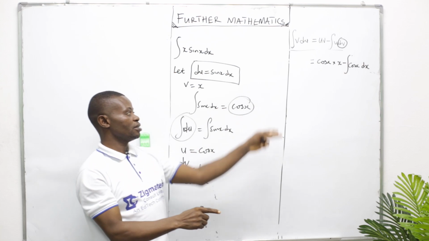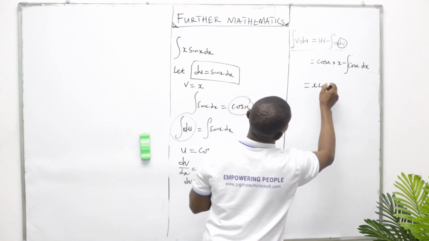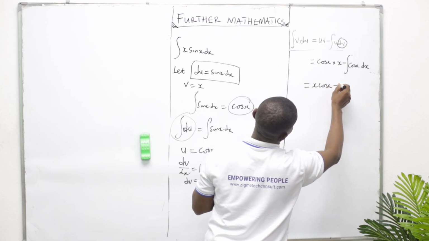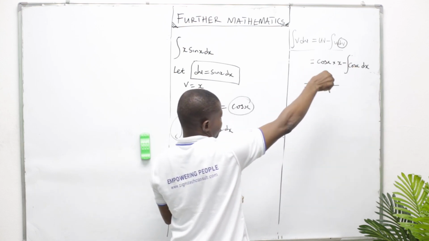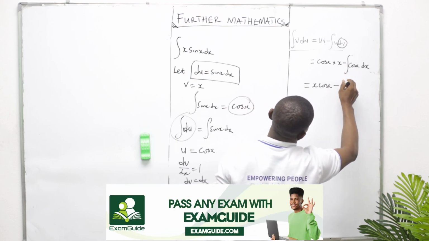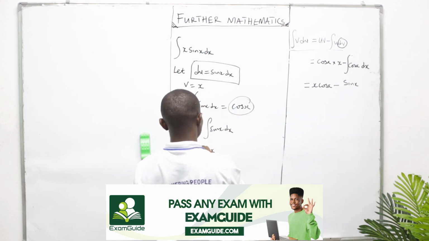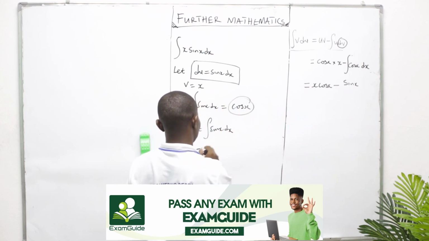So I am replacing it there. This will give us minus x cos x minus the integral of minus cos x, which is sine x. The integral of sine x is minus cos x.